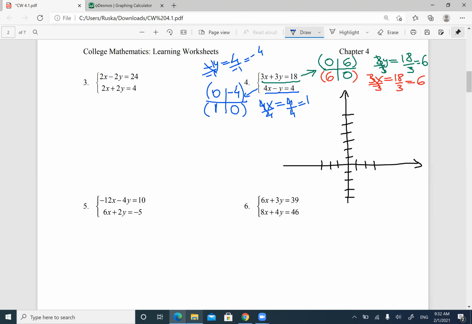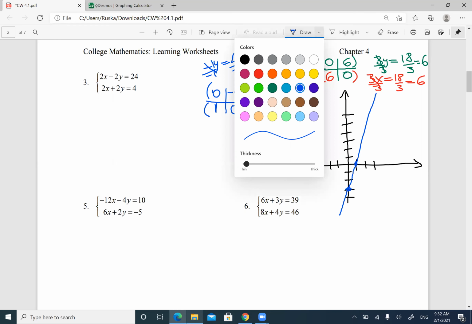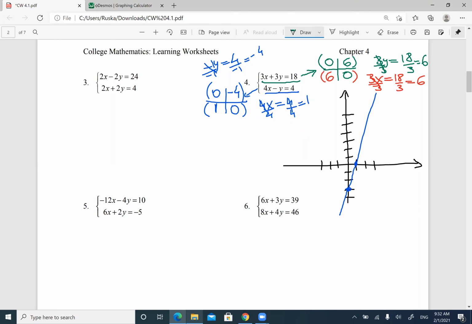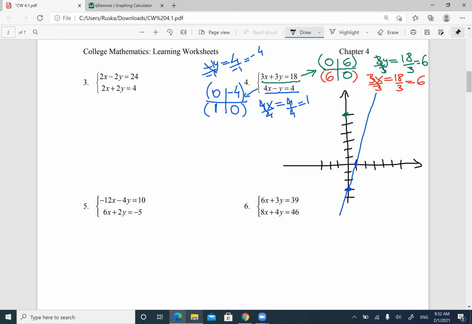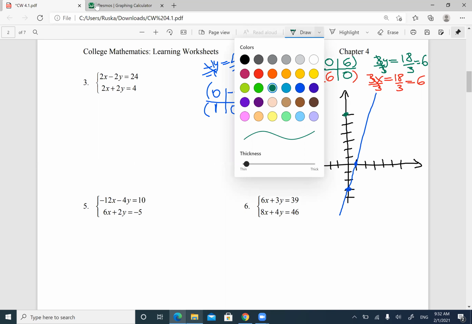I have 0, negative 4. This is the point, and 1, 0. And this is my straight line. Then I'm going to graph the first equation, 0, 6, and 6, 0. Oops, I need 6. 3, 4, 5, 6. Okay.